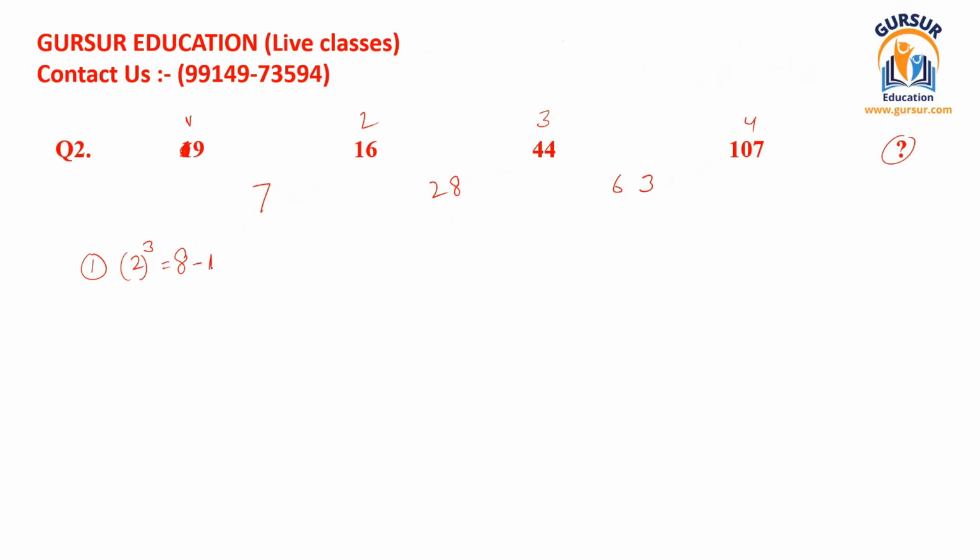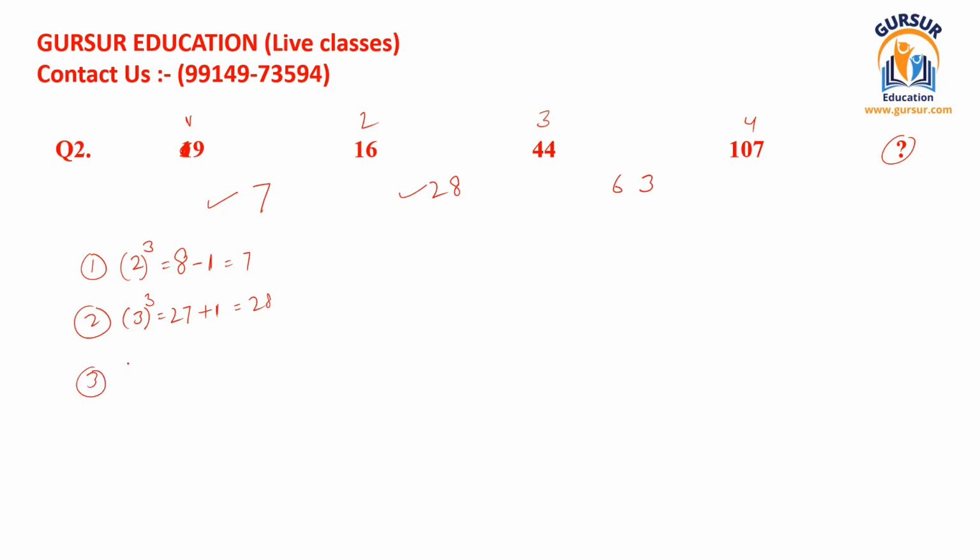When you deduct 1 from 8, you get 7, and this is how you got the first difference. In the second case, there is the value of 28. When you take the cube of 3, you get 27. When you add 1 to that, you get 28, and this is how you get the second value.